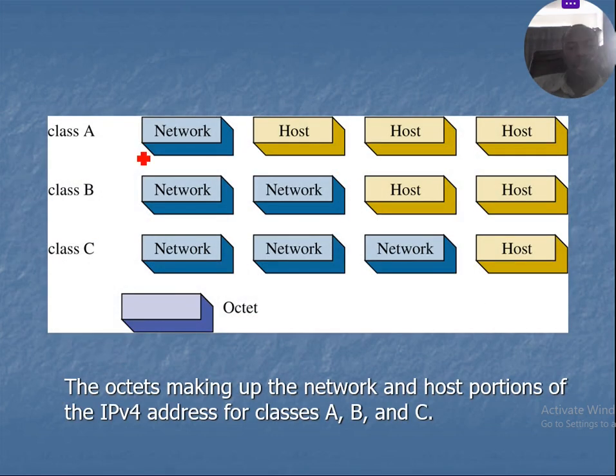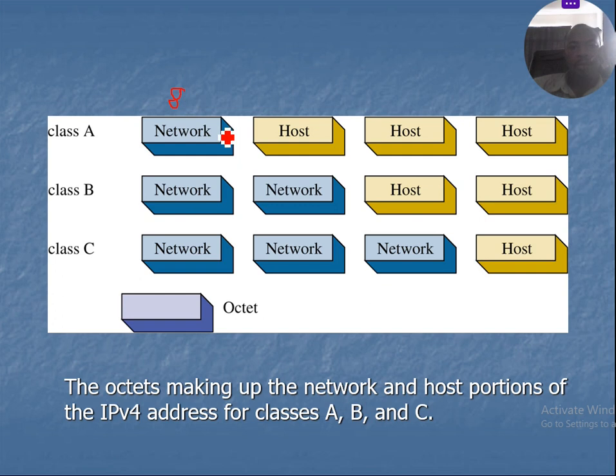Now the octets making up the network and the host portions of the IPv4 address are shown for class A, class B, and class C. Class A: let's say this is 8.